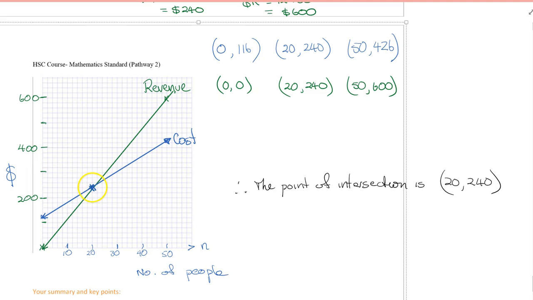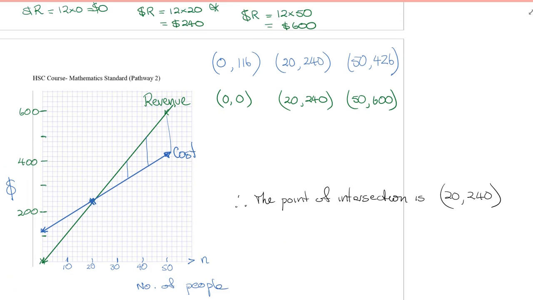Anything after 20 people, the money you're getting in is bigger than your cost. And that gap widens. So we've got a gap like that, then a gap like that, and then this is representing our actual profit. So the point of intersection is 20 and 240.